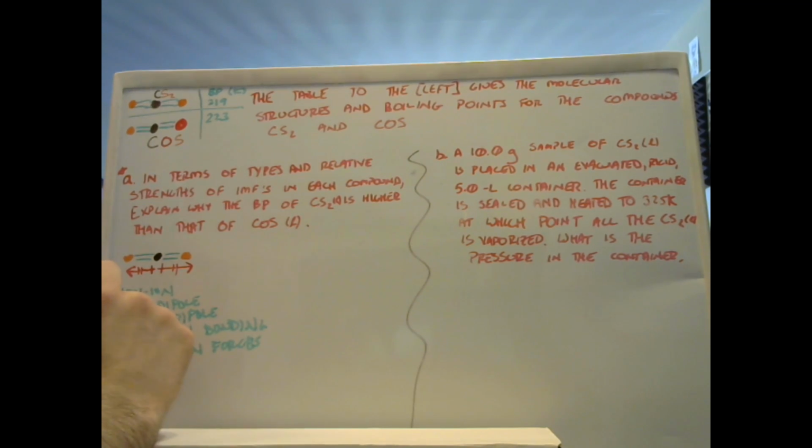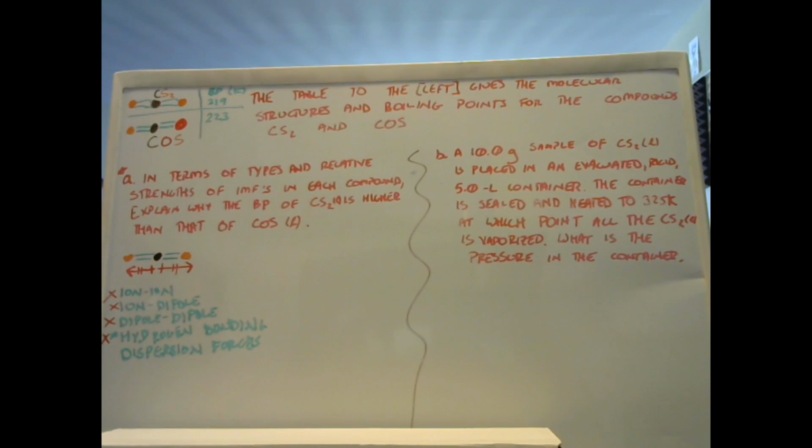So there's no dipole-dipole. We have no hydrogen, so there can't be any hydrogen bonding, which leaves us only dispersion, which everything has. If it has electrons, it has dispersion forces, always and forever. So for the CS2, the only IMF we have is dispersion.